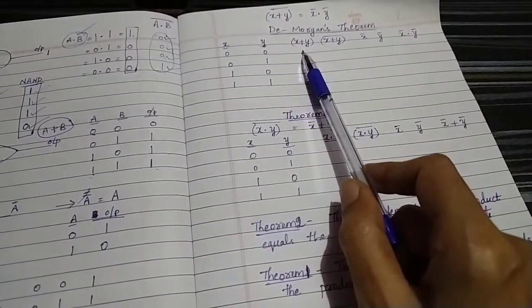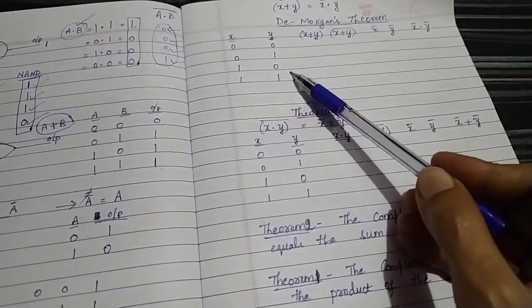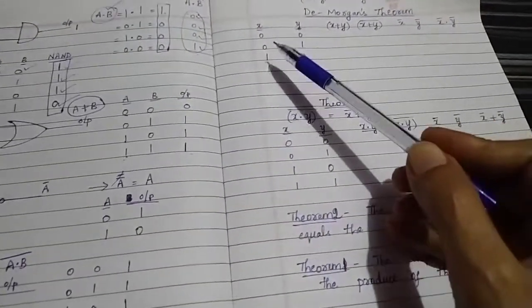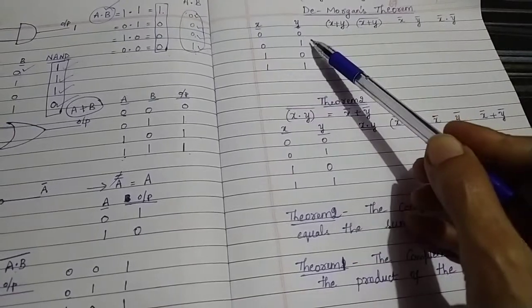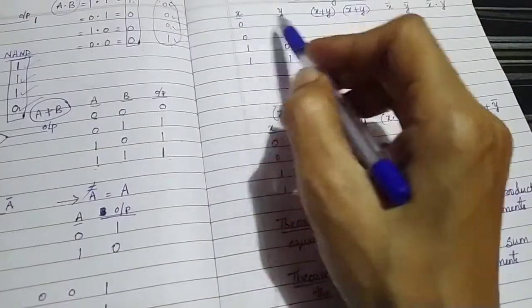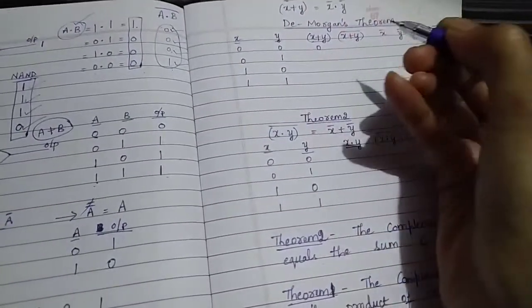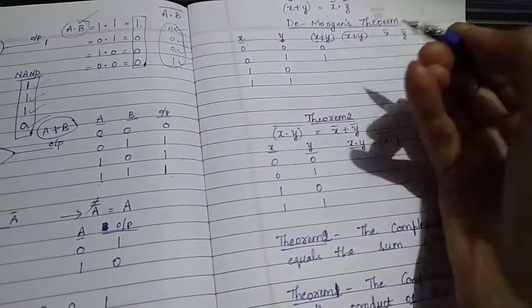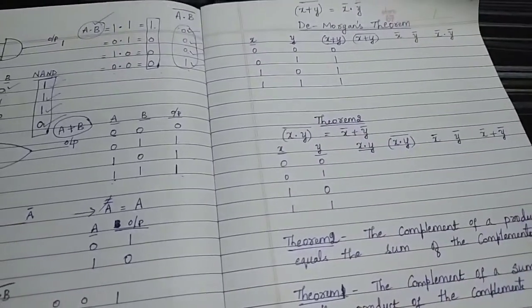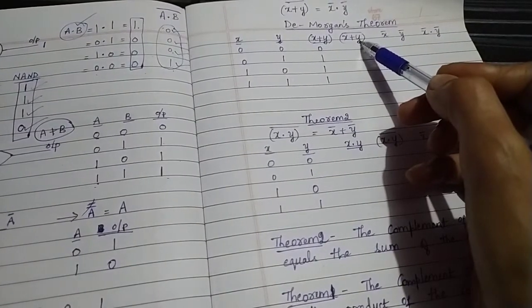If I apply the OR operator to this set of variables according to the OR table, I can fill it as 0 plus 0 is 0, 0 plus 1 is 1, 1 plus 0 is 1, 1 plus 1 is 1. The complement of this result will be filled in this section.